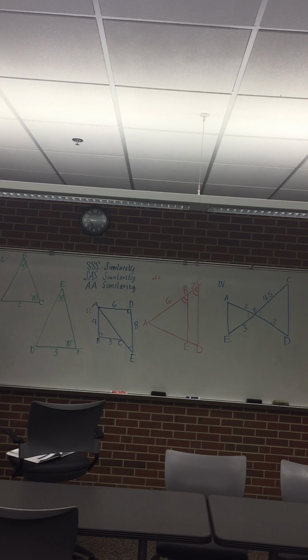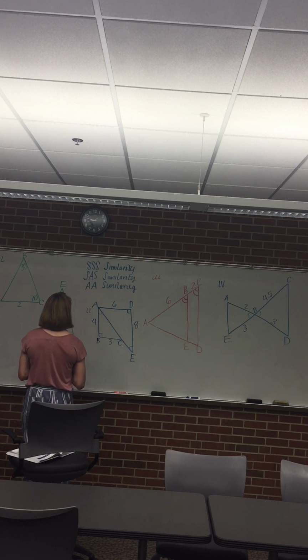So we're going to see that in the first one here. We've got triangle ABC and DEF, and right away we see that 35 and 35 are corresponding angles, and they are congruent, and ACB is 70 and DFE is 70, and those are also corresponding.